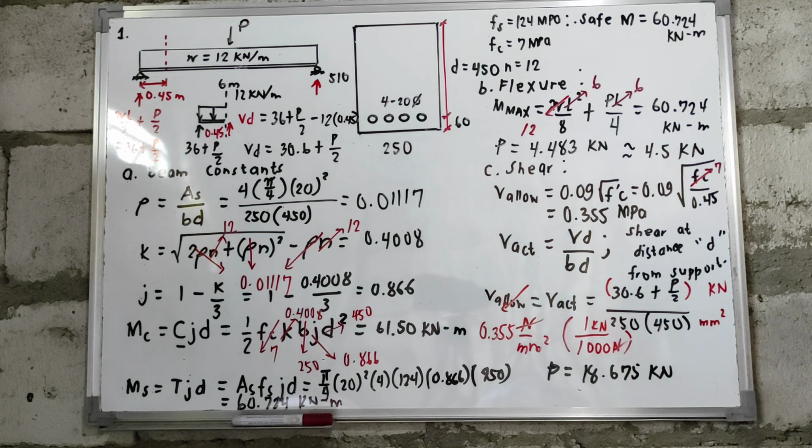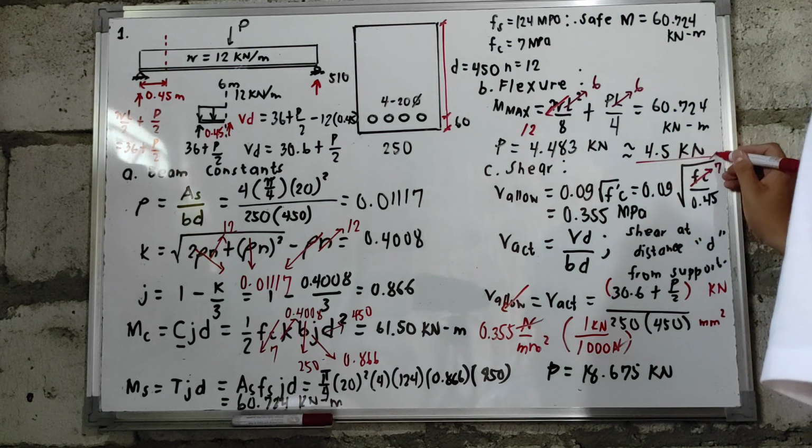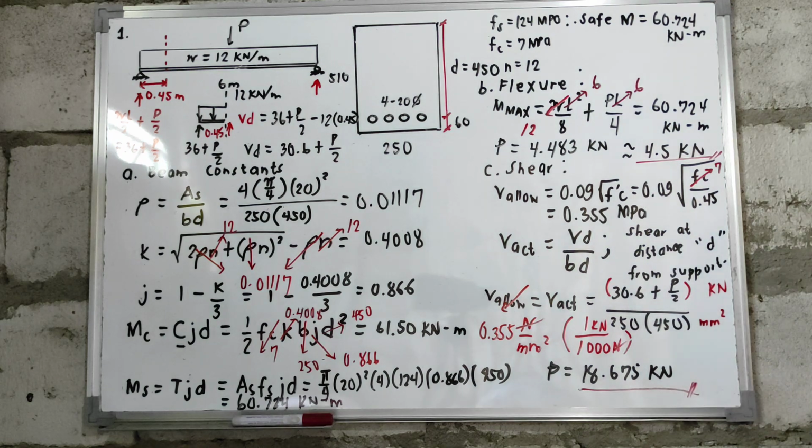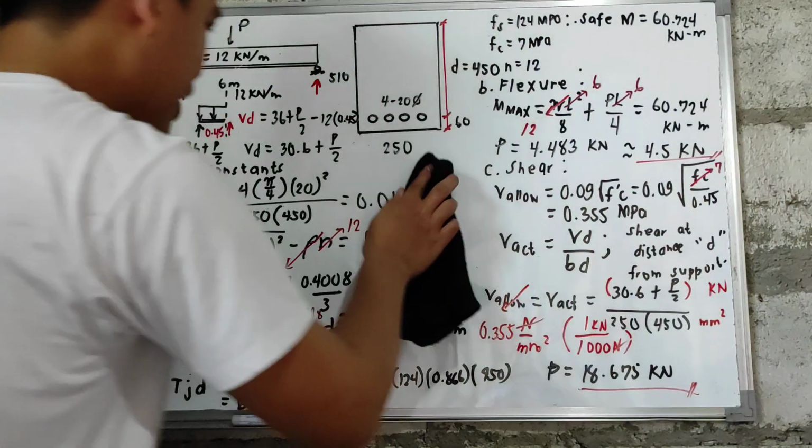So, we now have two values of P that we obtained. First, considering the flexure, we have 4.5. Next, considering the shear, we have 18.675. Lastly, we will consider our bond stress.